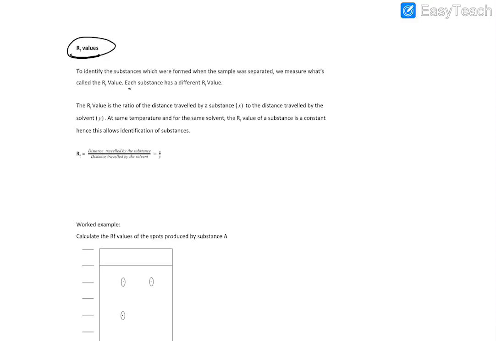If 2 substances have the same RF value, if the RF value is the same for 2 different spots, it means they are the same substances. So not similar, but same substances have the same RF value. And every single substance has a different RF value.